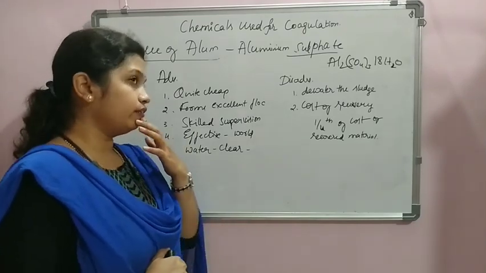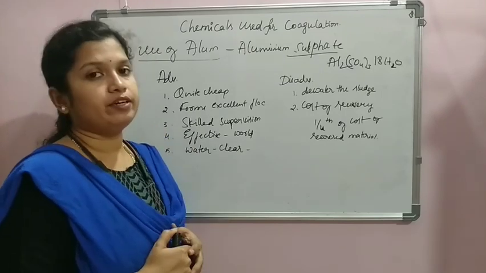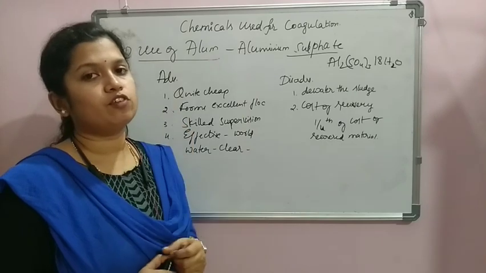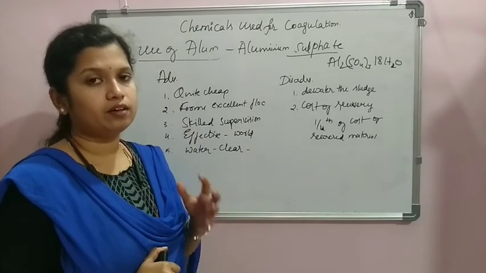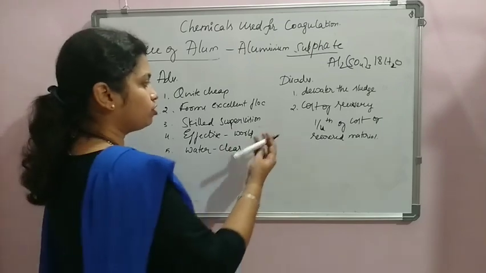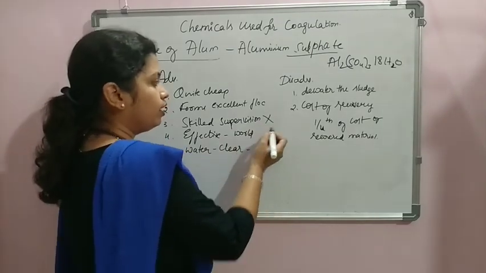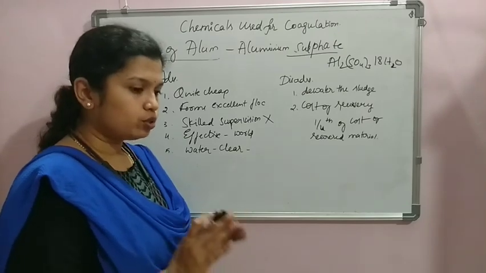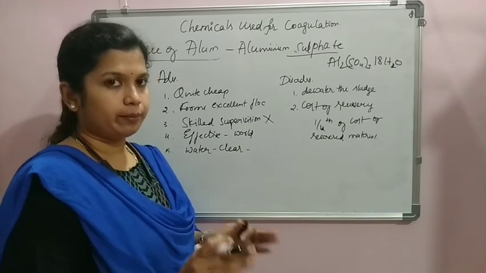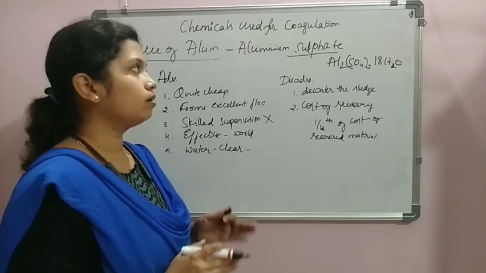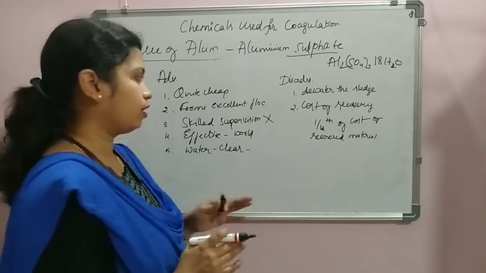Even though it is quite cheap, it works very effectively in formation of the floc. The floc that is formed is very strong in removal of the fine particles, and also in this case skilled supervision is not at all required. Any unskilled person can handle the coagulant, but the dosage should be predetermined, and we have to instruct the person to add the prefixed dosage of the coagulant.